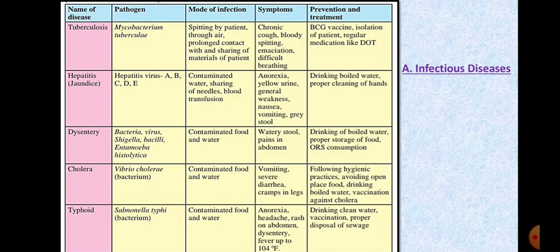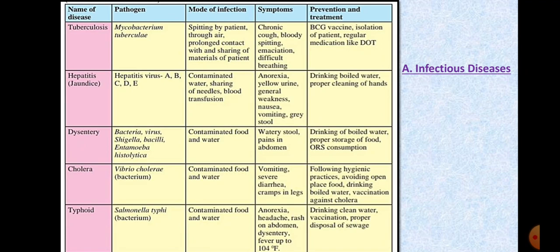As you can see, students, there is a big chart on the screen which is given in your textbook. In this chart, the names of the diseases are given, the pathogen, which means the organism which causes the disease, the mode of infection, how the infection takes place, what are the symptoms, and how the disease can be prevented and what treatment can be given.